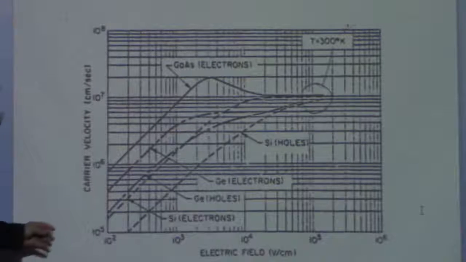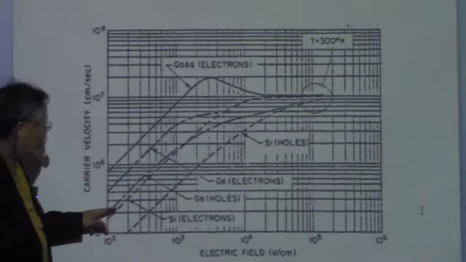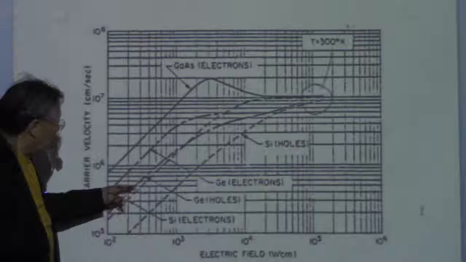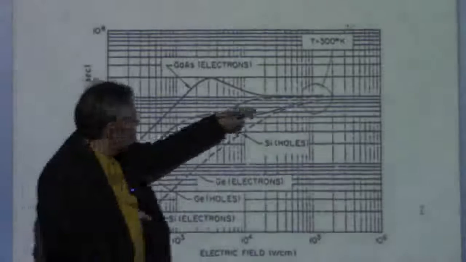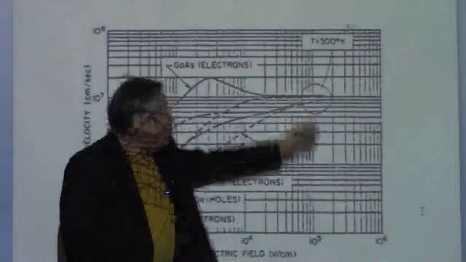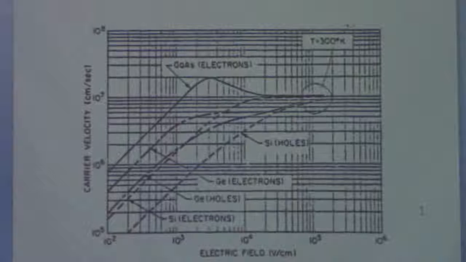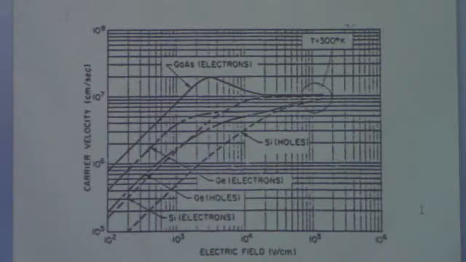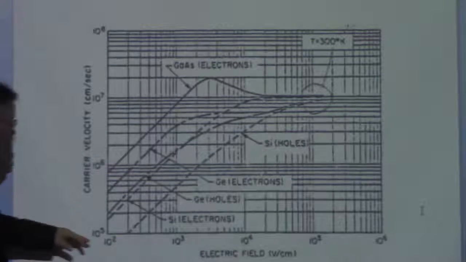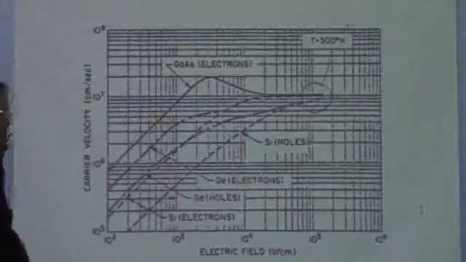And for the electrons, it starts out with the higher values of the velocity, but as it goes to the high electric field, the velocity of electrons is going to be the same as that of holes. At this high electric field, it means that it's saturated at the same values.